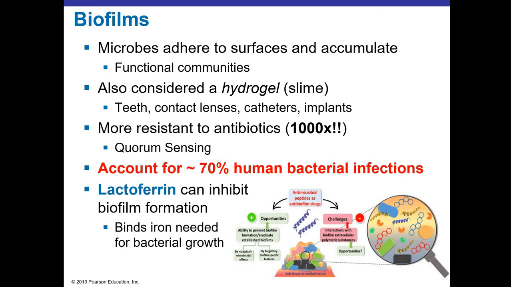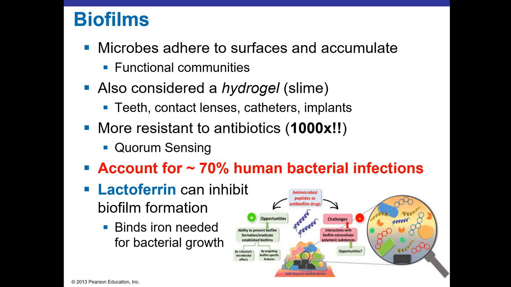Antimicrobial peptides and antibiofilm drugs are kind of a hot area of research. There's lots of opportunities to try to think about preventing the formation of biofilms, but there's probably more challenges than there are solutions at the moment. However, one interesting approach is to use lactoferrin to try to prevent the accumulation of these microbial communities in the biofilms.